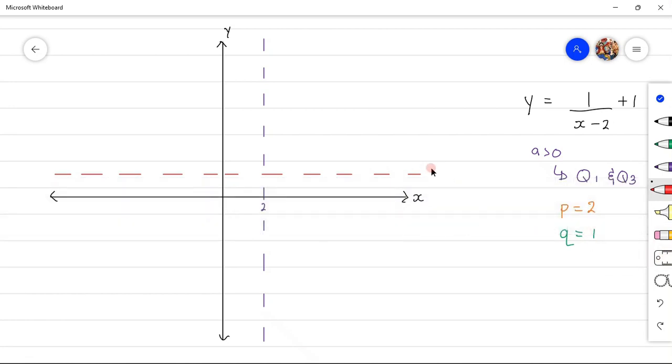Let's label our asymptotes. So that's going to be y equals 1, or q equals 1. Let's just make it y instead of q. And that is going to be x equals 2.